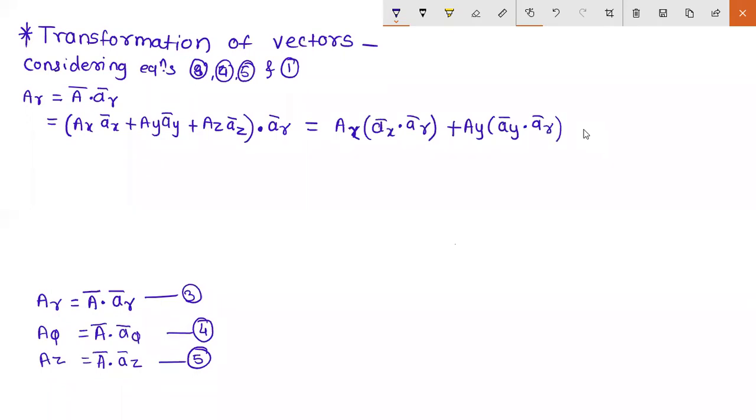Then the third is az into bracket a bar z dot a bar r.